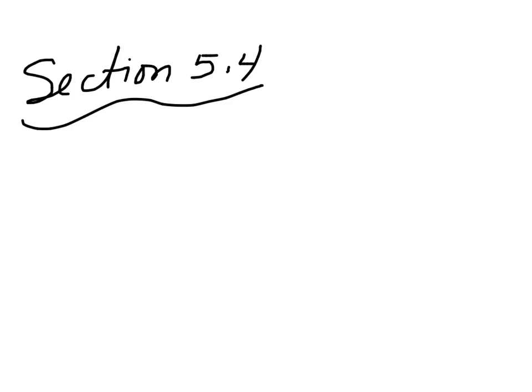Yeah, welcome to section 5.4, which is on systems of nonlinear equations. If you watched 5.1, you're not going to see anything different. The only thing is that instead of dealing with just lines like we do in 5.1, now we're going to have things like a line and a circle, or two circles, or a parabola and a circle, or two parabolas, or whatever.